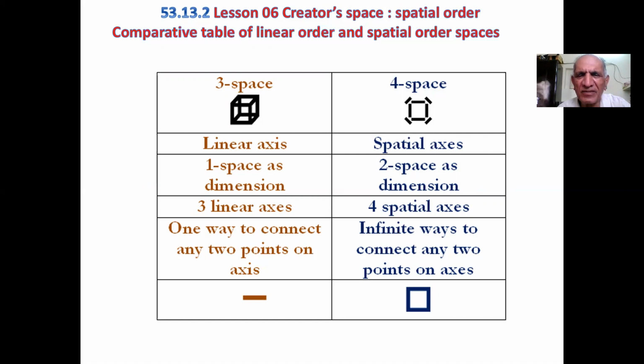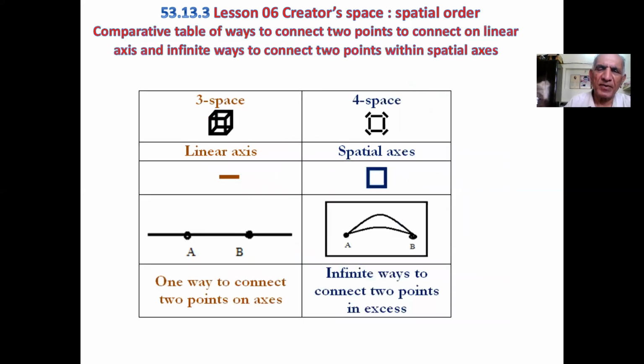Here in three space, there are three linear axes. In four space, there are four spatial axes. One way to connect any 2 points on axis is the feature of a linear axis. Infinite ways to connect any 2 points on axis is the feature of the spatial axis. It is this feature which deserves to be comprehended well.